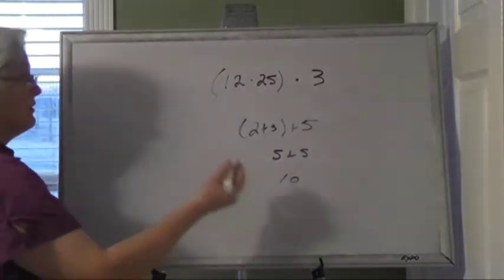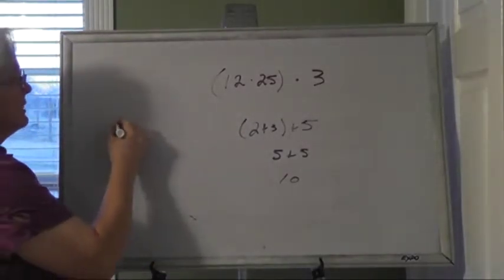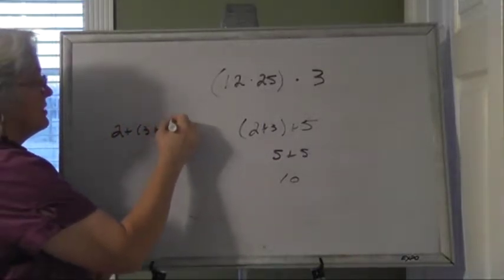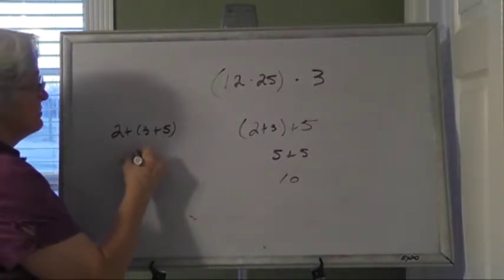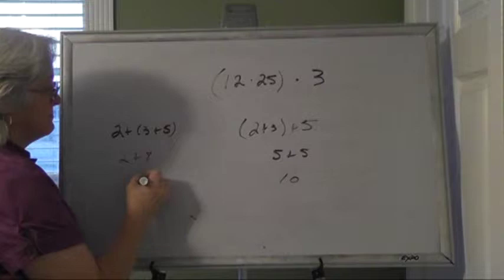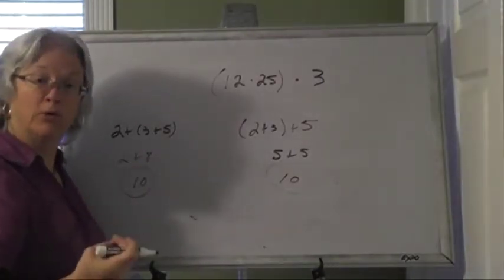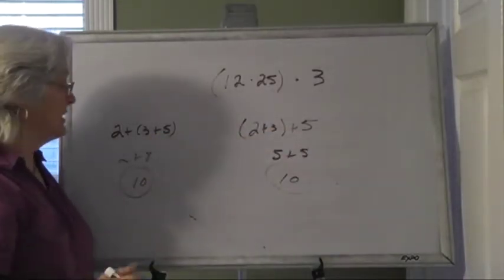We also learned, however, that we can change the way in which we group our add-ins together. 2 plus 8. You see that regardless of which way we grouped this collection of numbers that we're adding together, you end up with the same result.